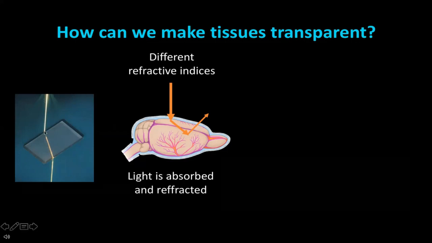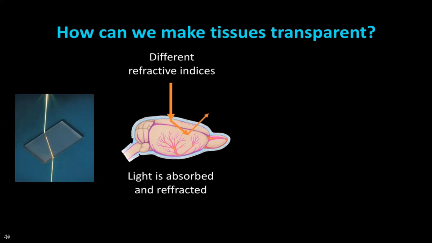So you probably noticed that when light travels through different kinds of materials, it will change direction. So here you see, for example, when a light beam is first traveling through air, then it changes direction when it enters and exits a gel.